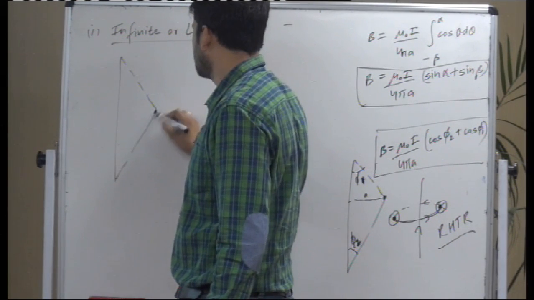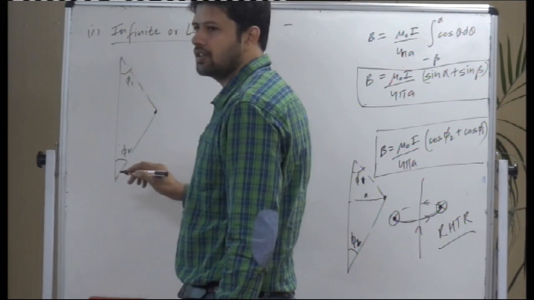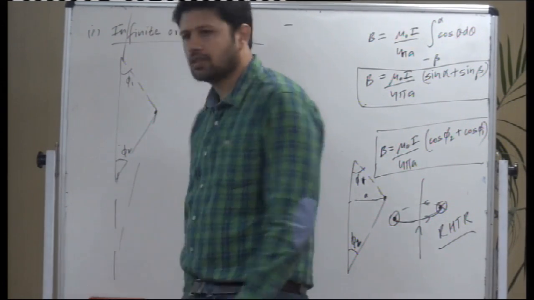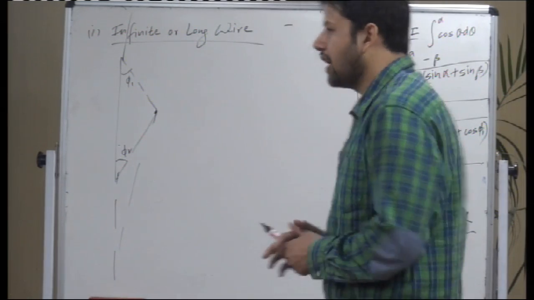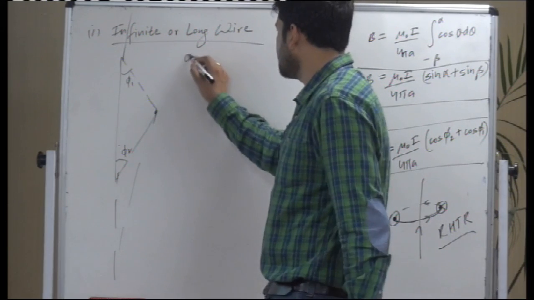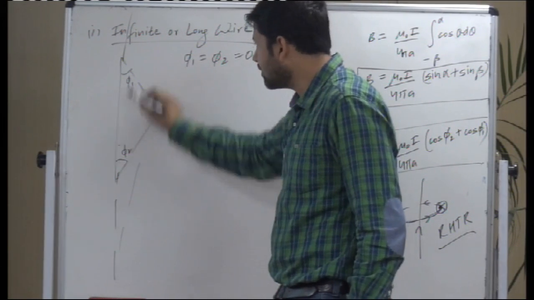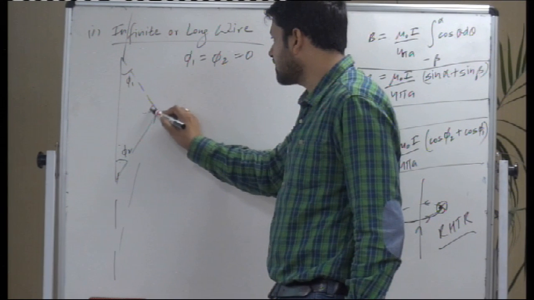Here it was phi 2, here it was phi 1. As the wire increases in size, the angles reduce, and for a very long wire, the corner angles would be 0, 0. If you want to take the central angles, they would become 90, right?